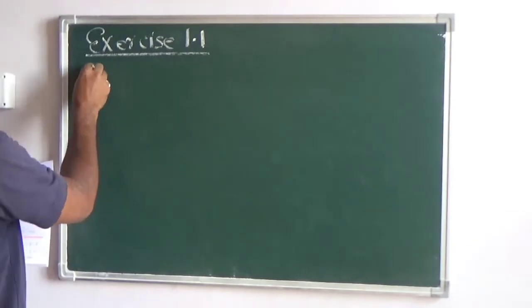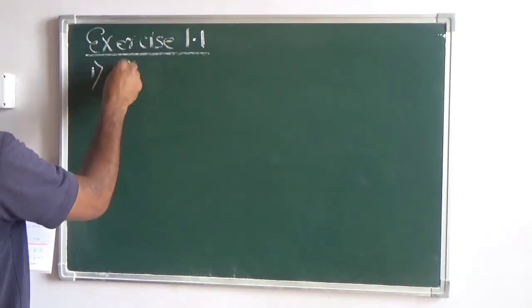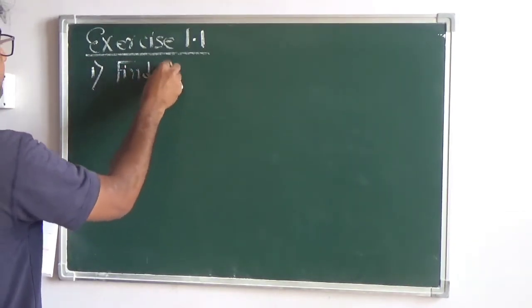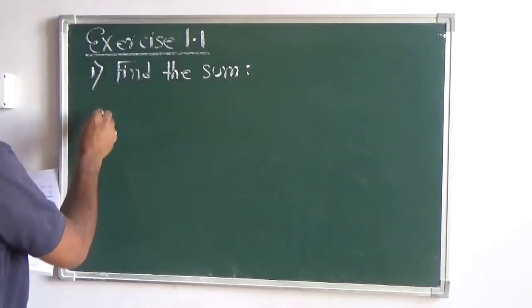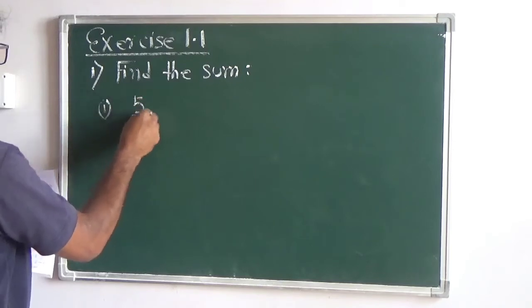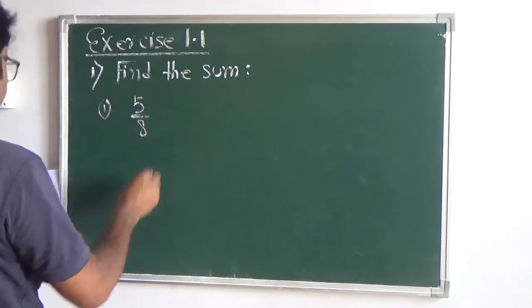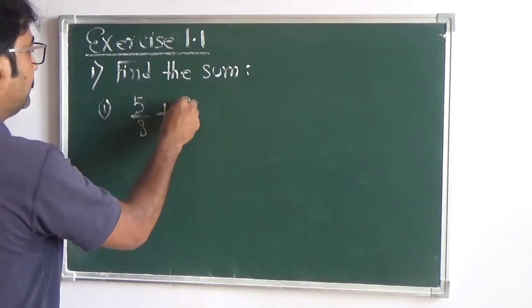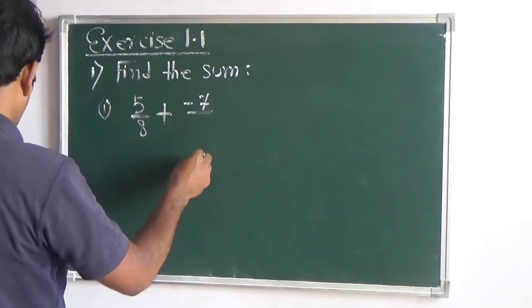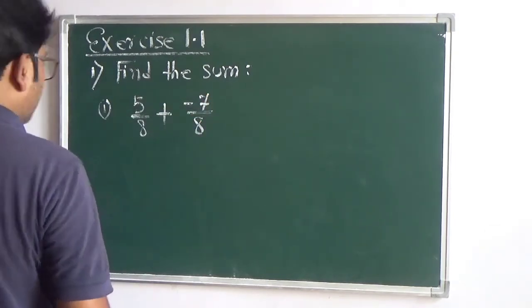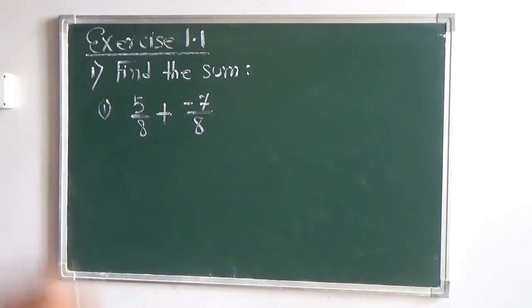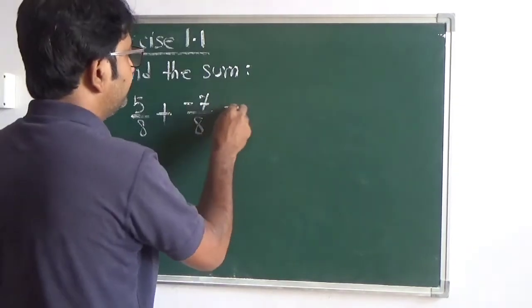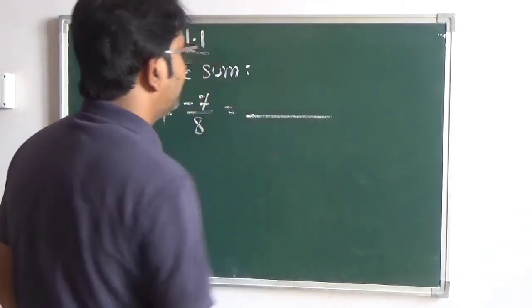The first question is: find the sum. The first part is 5 by 8 plus minus 7 by 8. I think this will be a very simple question for you. We take the LCM, the least common multiple.